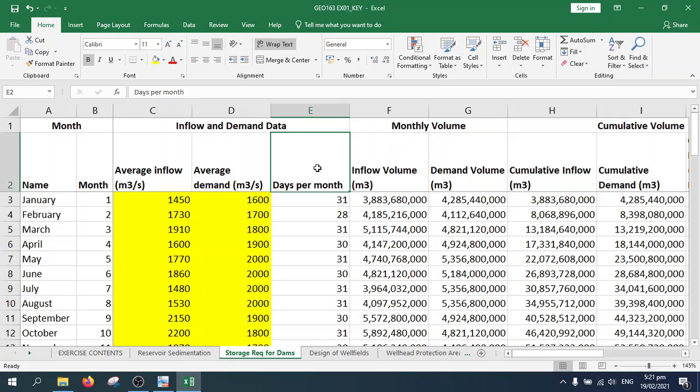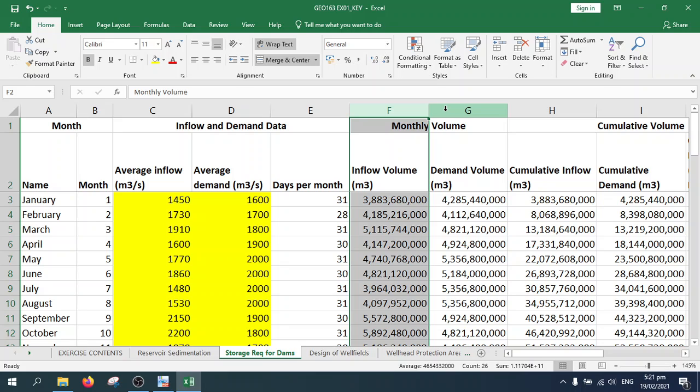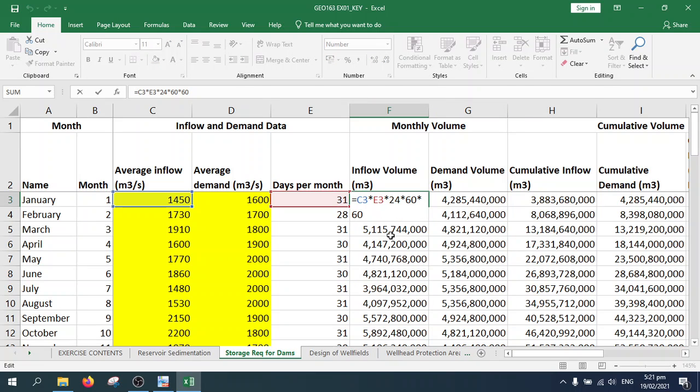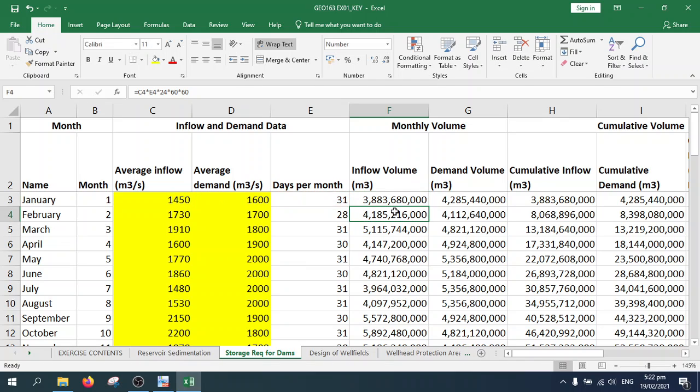Now note that when we are talking about comparison of months, always remember that months don't have a constant number of days. All right. So we have to factor that in. So what happened in the next columns is we converted the cubic meters per second into cubic meters per month, right?